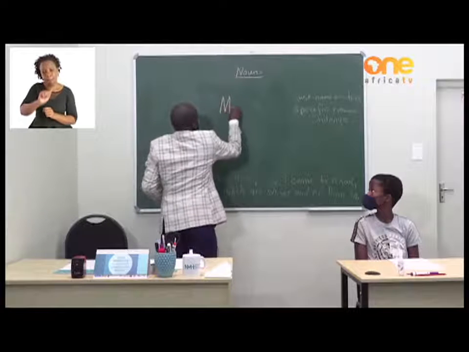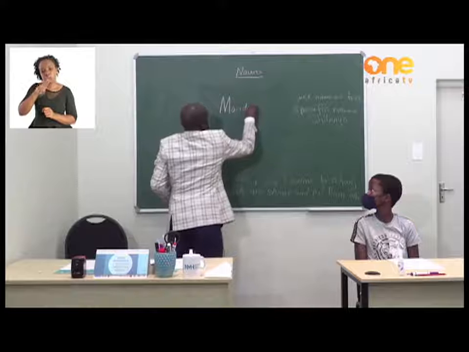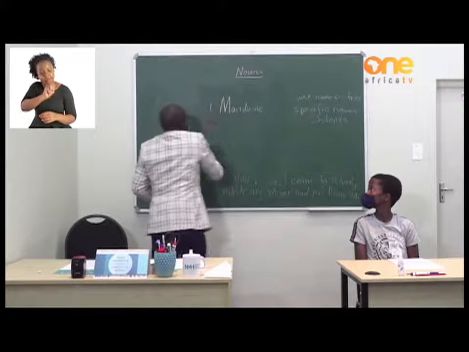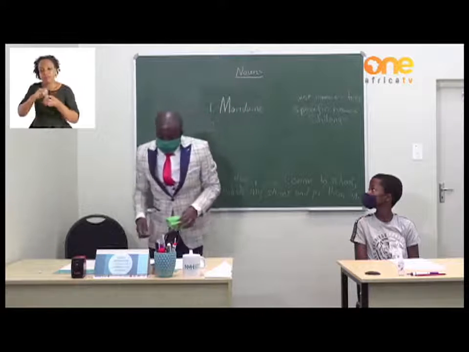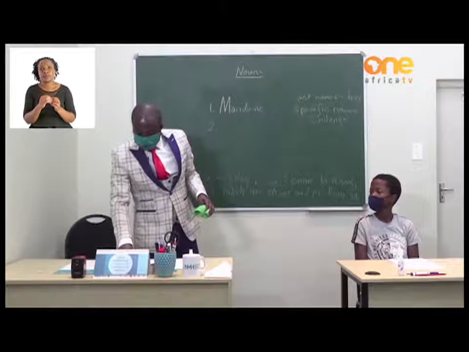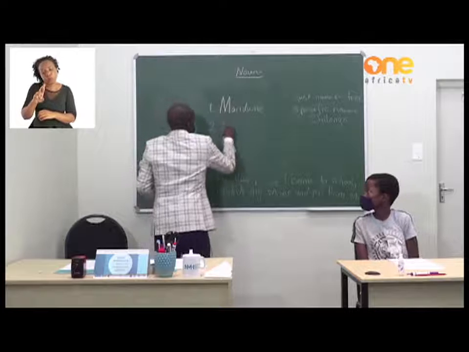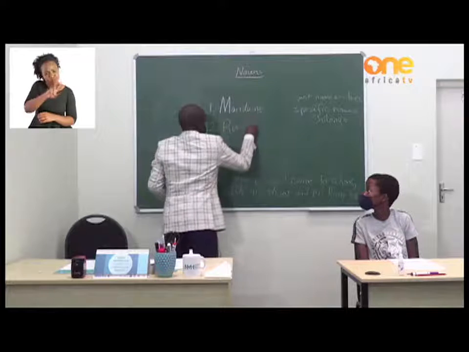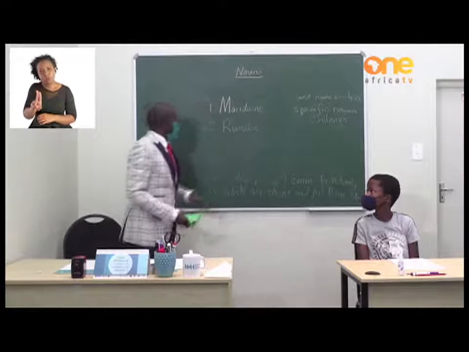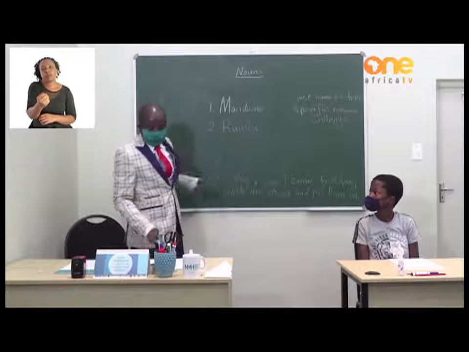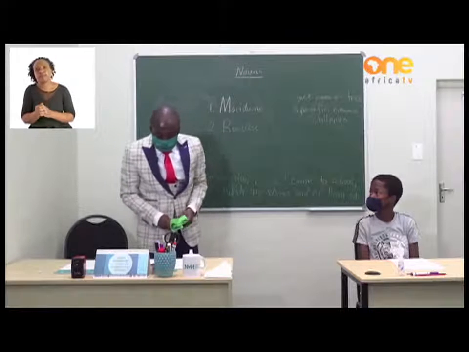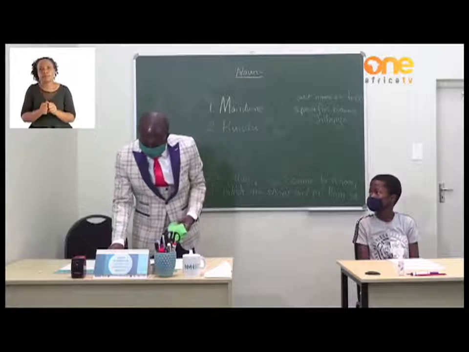Mandume with a capital letter. That's our number 1. Number 2, Mandume lives in a village outside of Rundu. Rundu, that's a name of a village, so it should have a capital letter. Right, let's now start reading and writing.